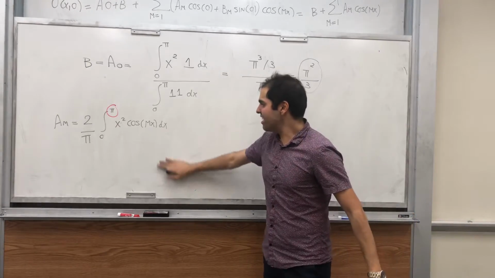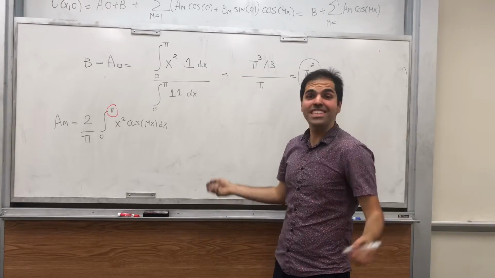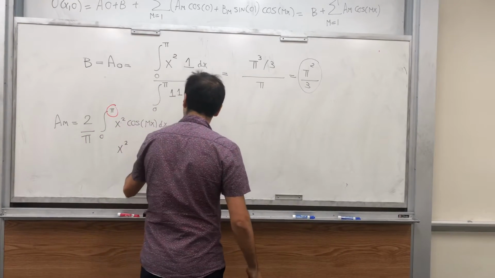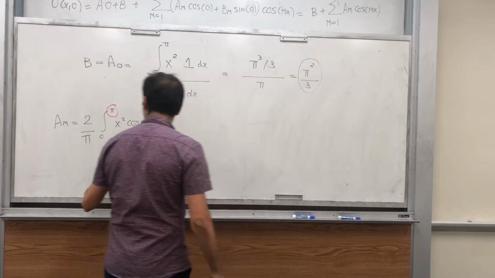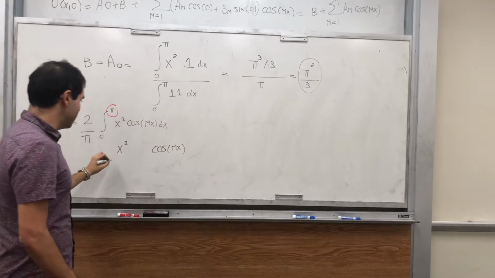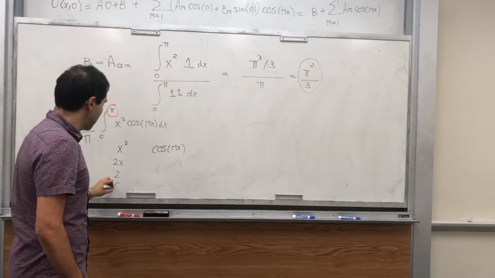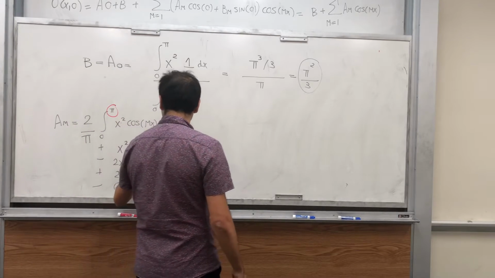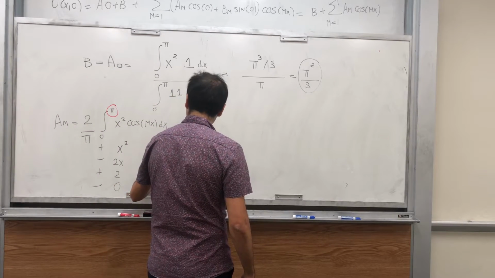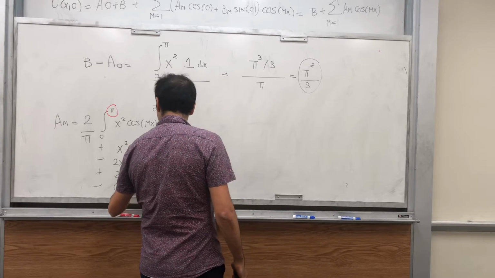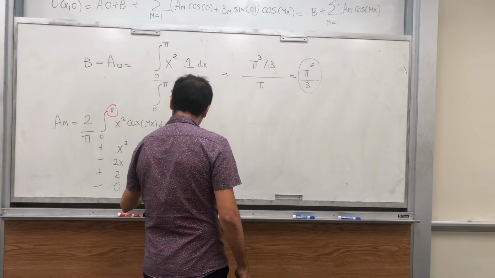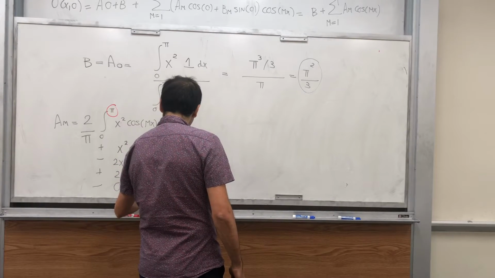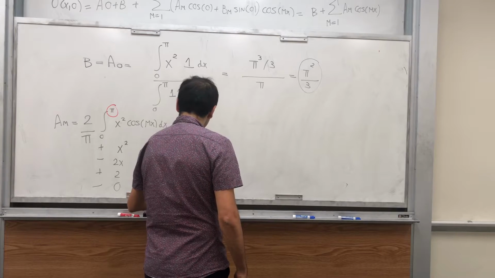And how do you do this? It's with the famous DI method, by Black Pen Red Pen. So you take x squared and cosine mx. You differentiate the hell out of this: 2x, 2 and 0. Put pluses and minuses. And here you anti-differentiate: sine of mx over m, and then minus cosine mx over m squared, and then minus sine of mx over m cubed.